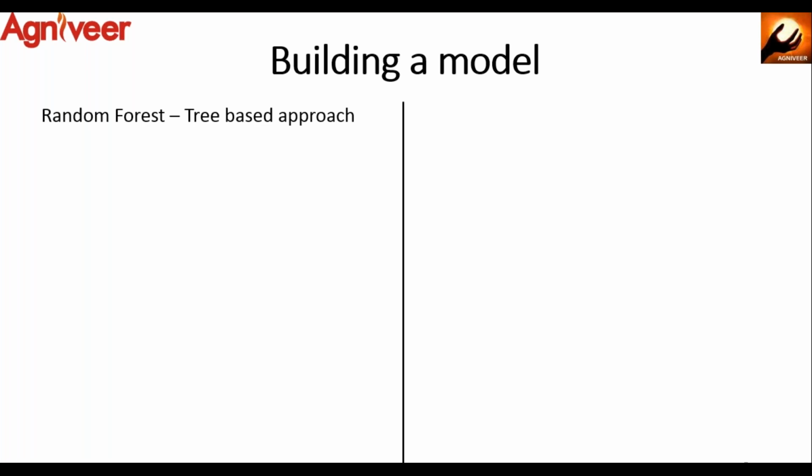Let me give you a brief background about random forest. As the name suggests, it is random and forest. A forest is formed only when lots of trees come together.